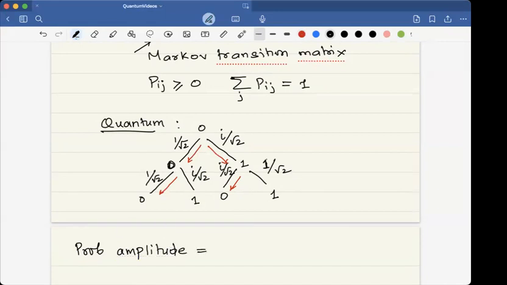This is 1 over square root of 2 times 1 over square root of 2 plus I over square root of 2 times I over square root of 2, and this is equal to 0. So this is detector 0.